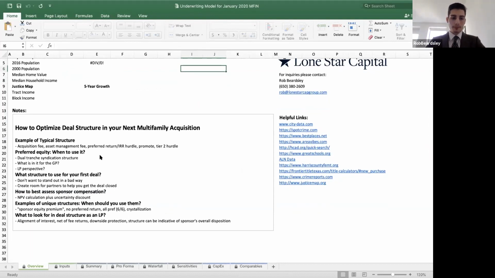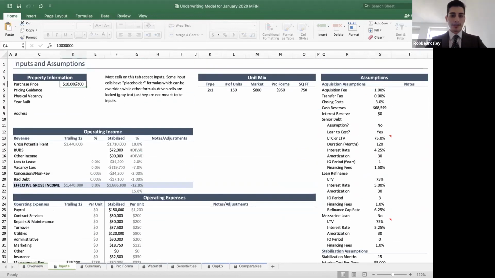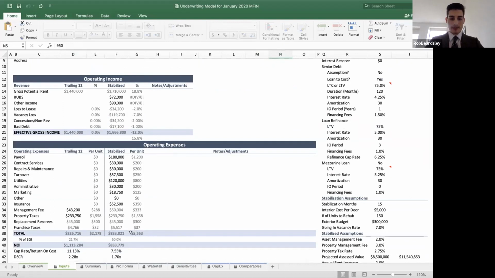Yeah, so let's just run through a typical scenario. So what I've done here is I've done an example $10 million deal, 150 units. Your in-place rents are $800. You're going to raise them to $950. Everything is pretty normal here. You've got regular per unit operating expenses.